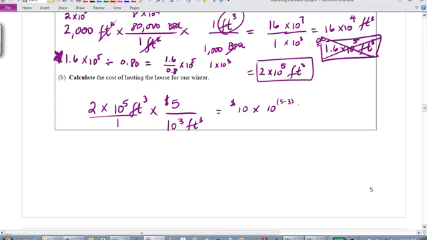I know, you're going, hey, that's 2. I agree with you. 10 times 10 to the second. This is in dollars, because my cubic feet canceled out, so the only thing left here is dollars. So 10 times 10 to the second is also known as $1,000. 10 to the third, if you prefer.